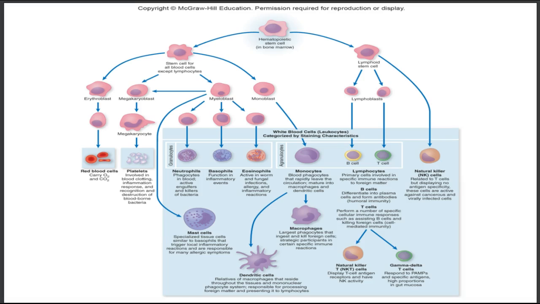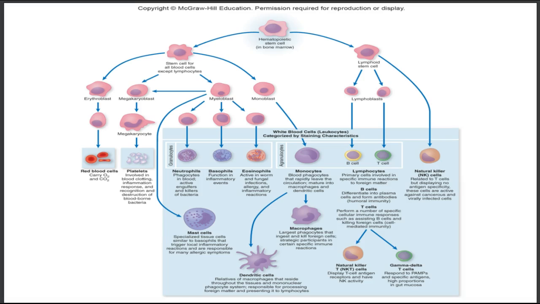So you're going to have erythroblasts. These mature into red blood cells. Megakaryoblast mature into platelets. Myeloblasts are going to mature into our granulocytes. These are white blood cells that include granules.